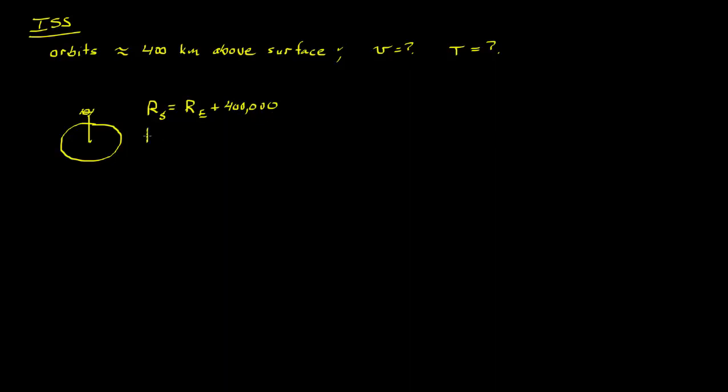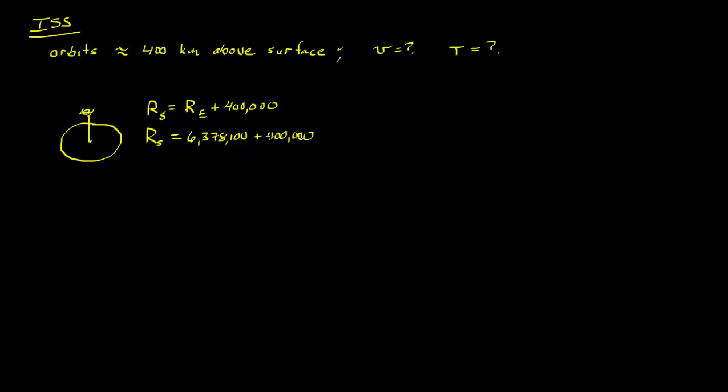Now keep in mind the radius of the Earth was, what, like 6,000 kilometers? Yeah. So it's 6,378,100 meters plus 400,000.